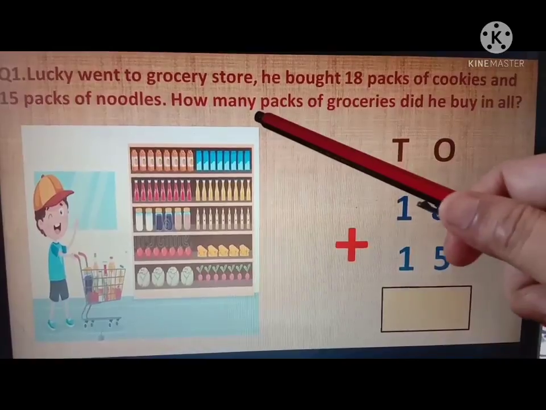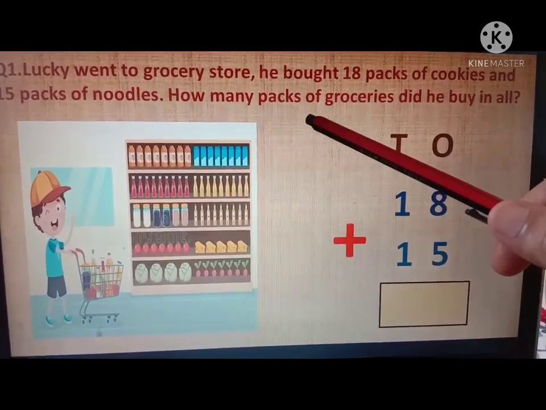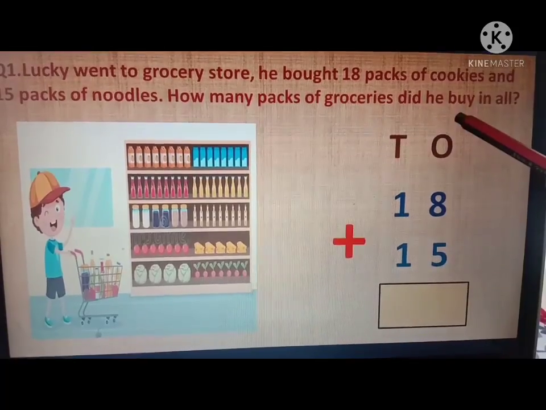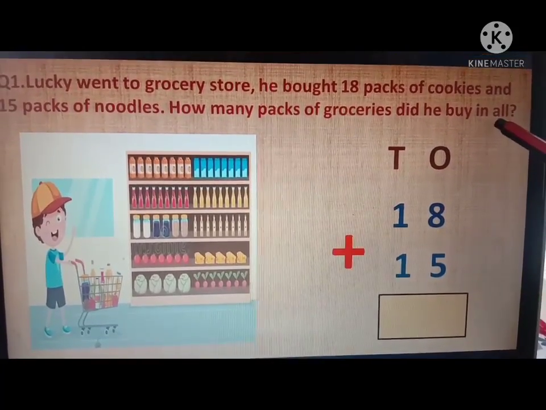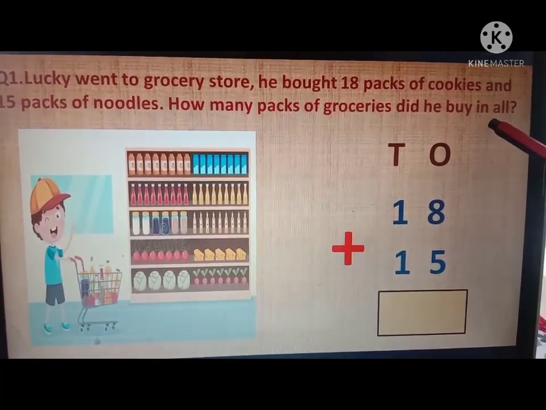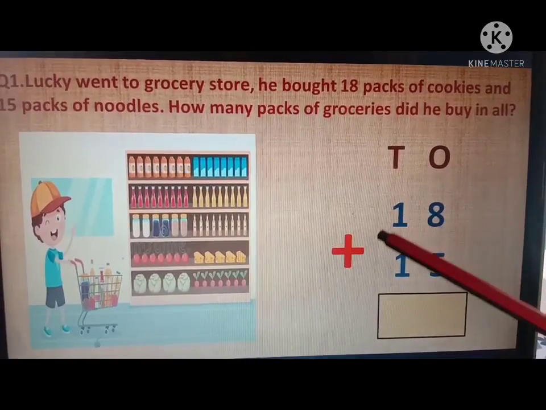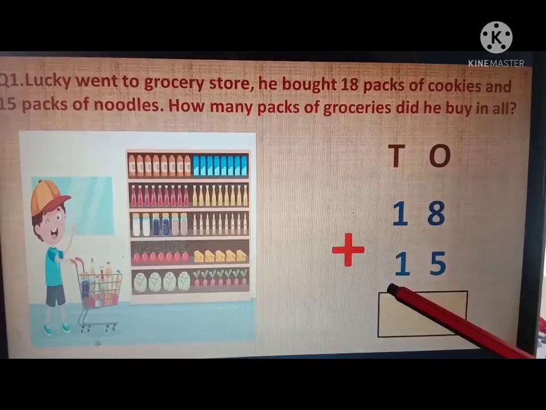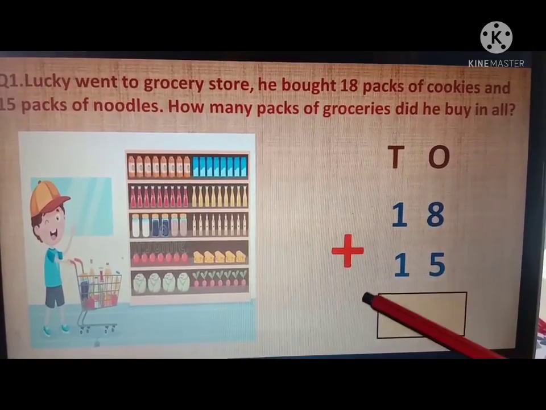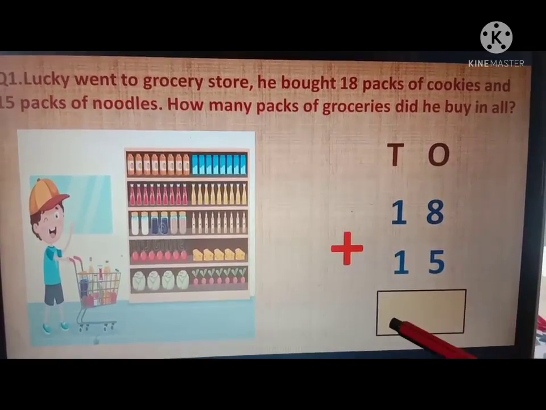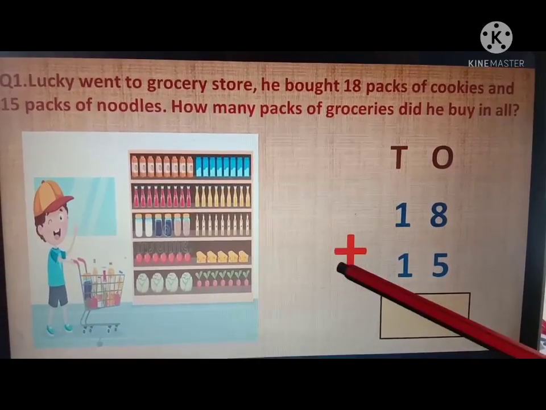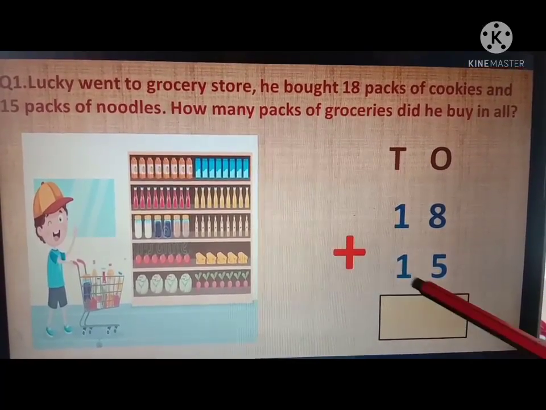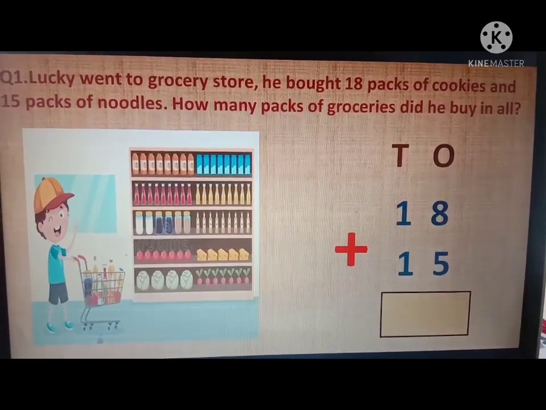Now the question is asking how many packs of groceries did he buy in all? In all means when we put all things together, then we will find out the total number of grocery items. So put here a plus sign and we will start addition.